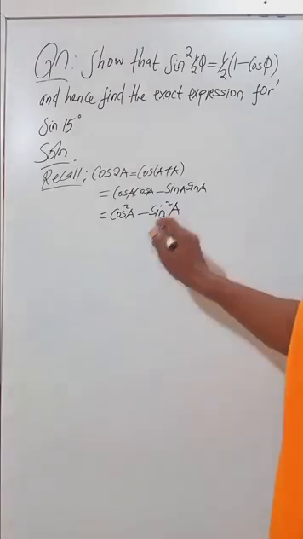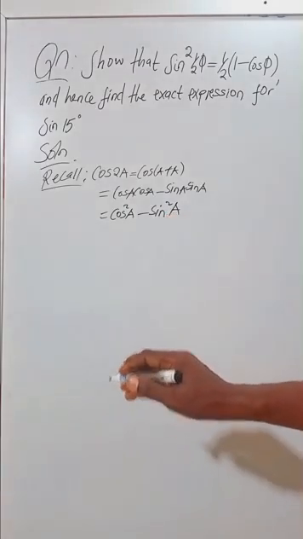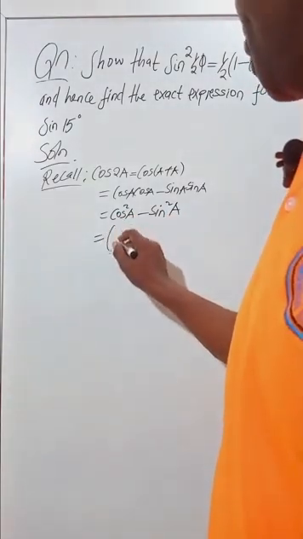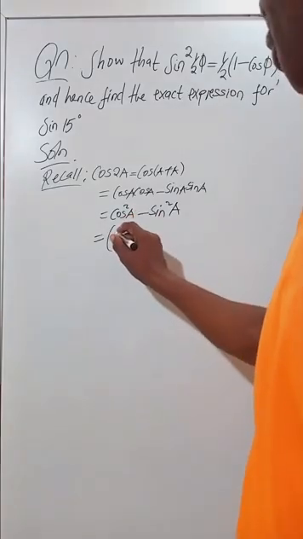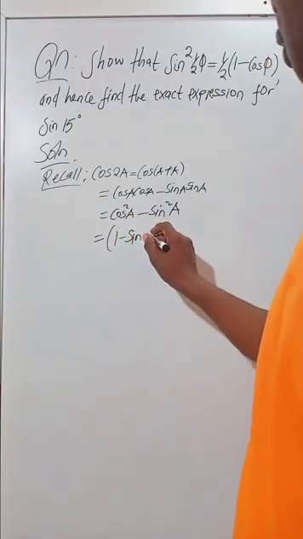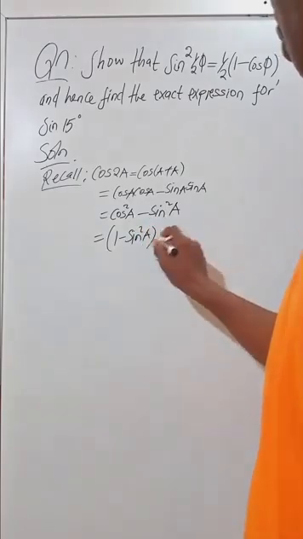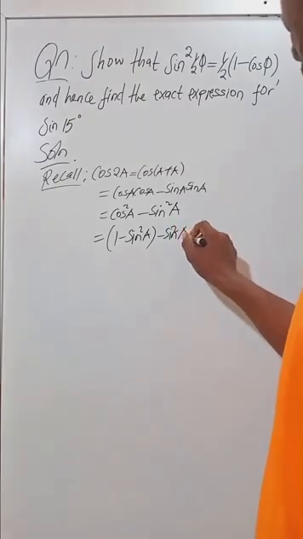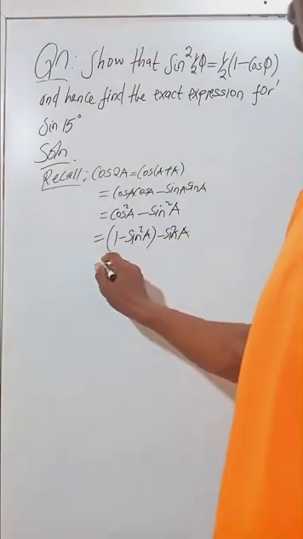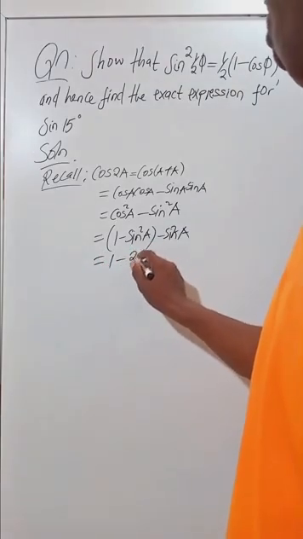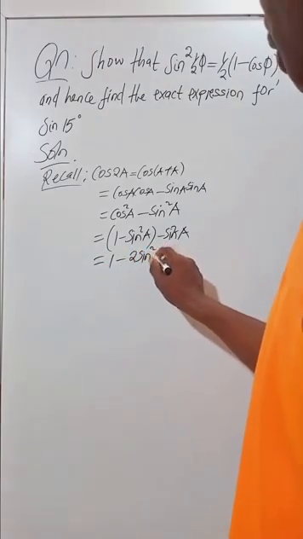Okay, let's make sine the subject. From this, cos squared a is the same as 1 minus sine squared a, then minus again sine squared a, which gives us 1 minus 2 sine squared a.